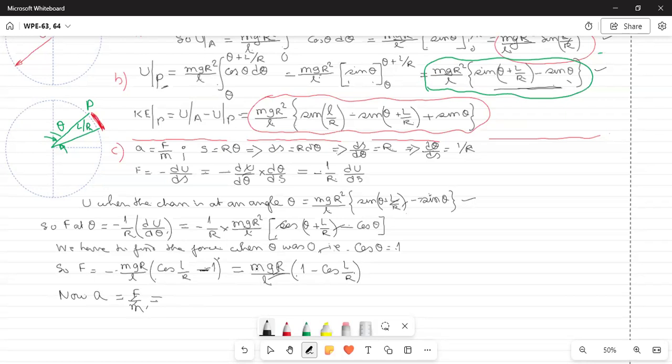So we have only r g by L multiplied by 1 minus cos of L by r. So this is the answer of the third part. Okay. Now we shall go to the next problem.